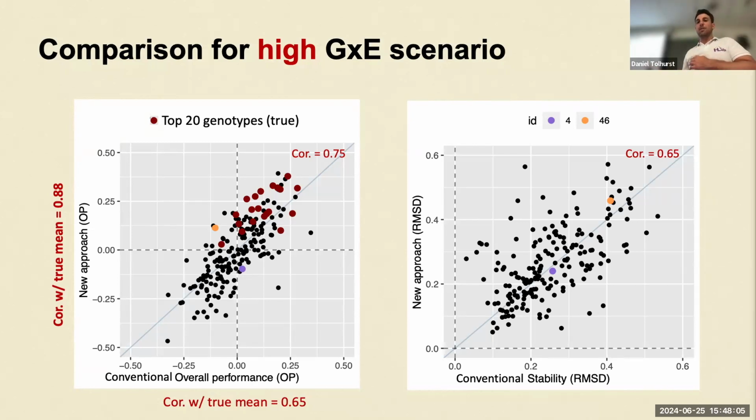What it comes into is when you're selecting for stability there on the right-hand side, and that's because the old PCA approach doesn't take enough of that variation associated with the mean out of the stability measure, and you're getting vastly different results. And the practical application there is that you may think that you're selecting on something that is broadly adapted, but actually it's just because it's high performing, or vice versa. You might be selecting on something that's just still associated with its average performance and not its response to particular environments.